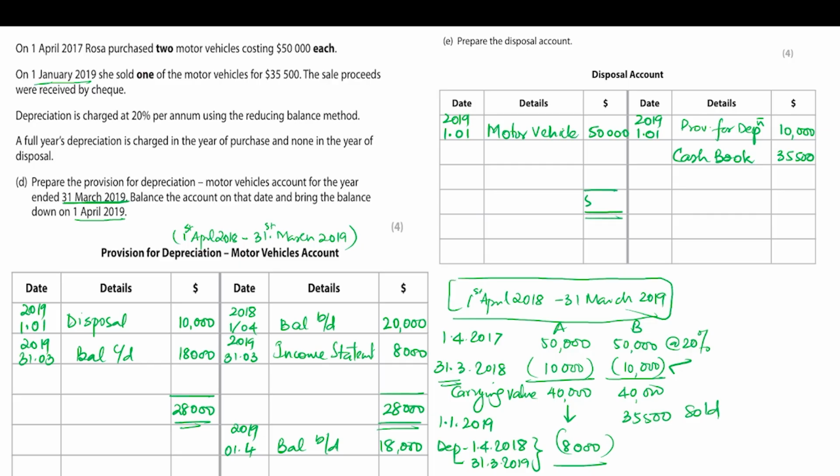There is never a balance carried down or brought down here. 50,000 and this 50,000. There's a difference on the credit side of 4,500. That will go to the income statement. If it were on the credit side, there would be a profit on sale, but here it is going to be on the debit side. That means there's a loss on sale. So you can write here loss on sale, and the date should be 2019 31st March. This is how we'll end this question.